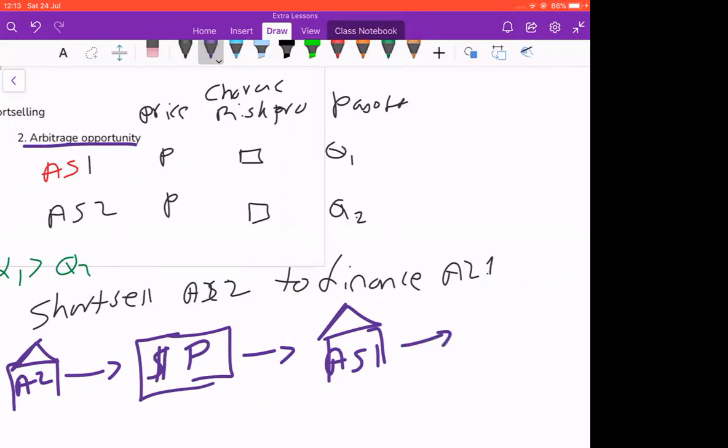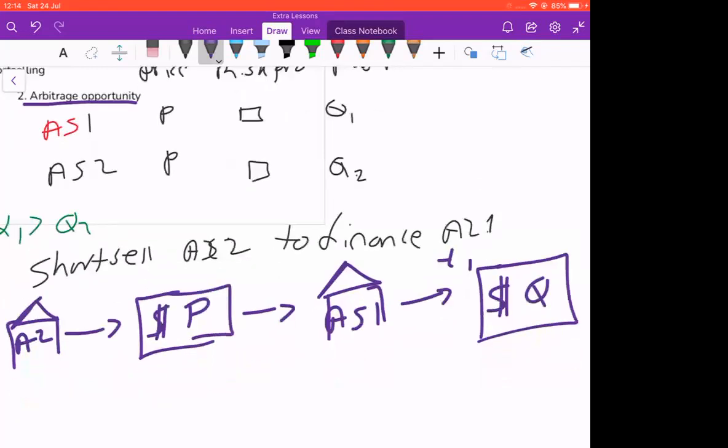So this is at T1. At T1, it will yield Q1, and then you sell that thing for Q1 and have Q1 dollars. And we know that Q1 dollars is greater than Q2.